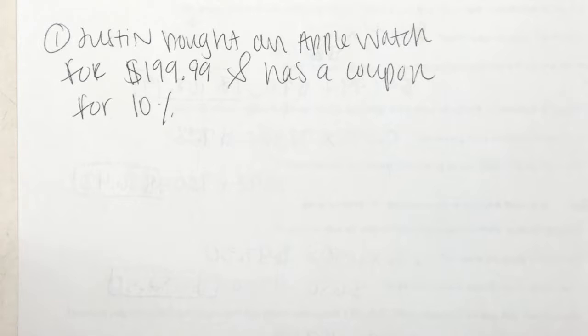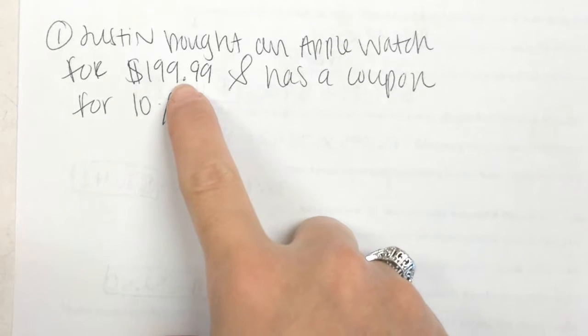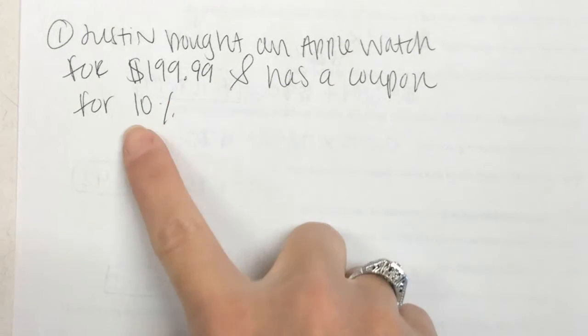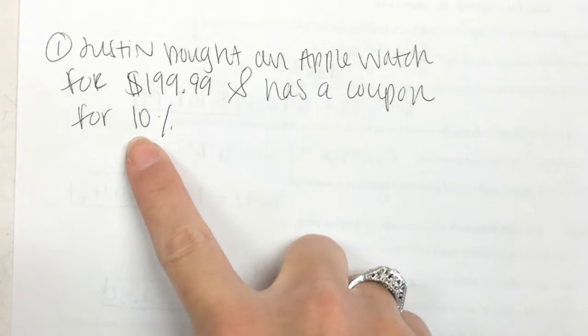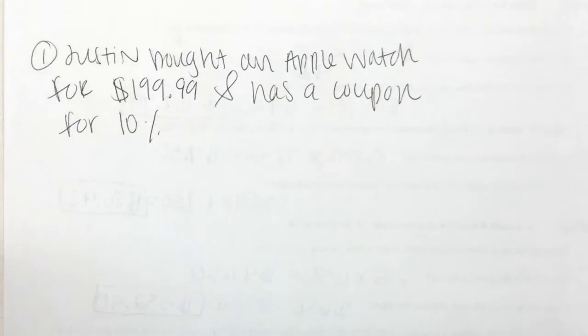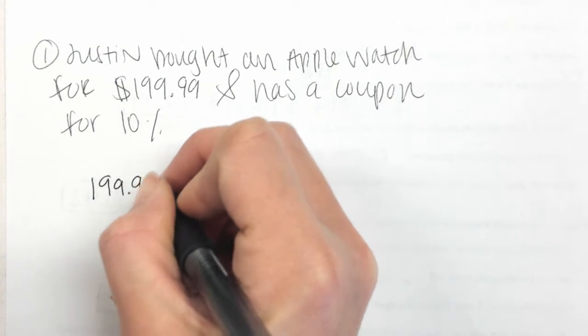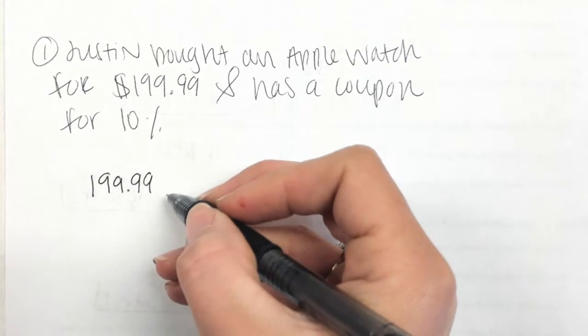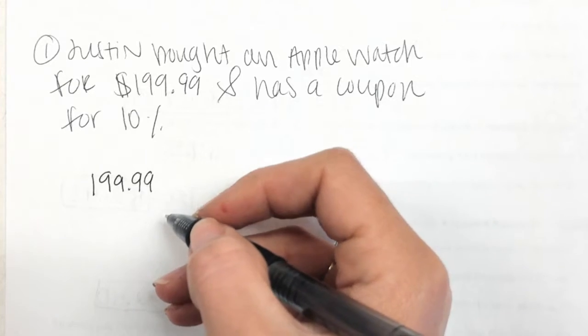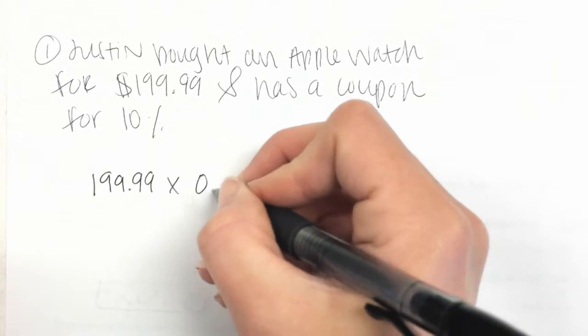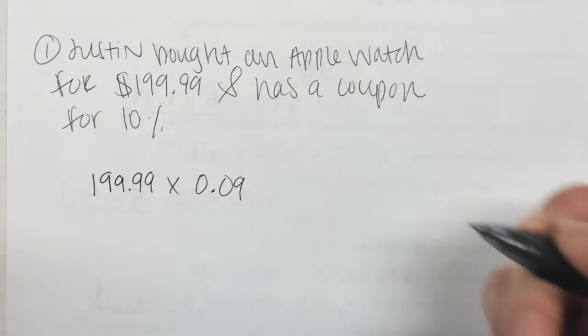So, you add the tax to this, and then that would be the total purchase, right? Total price. Then you take 10% discount. It might work both ways. We'll see. How would we take the tax of $199.99? 0.09.